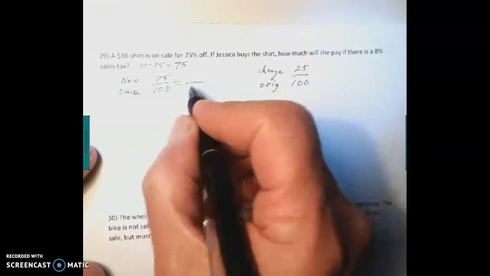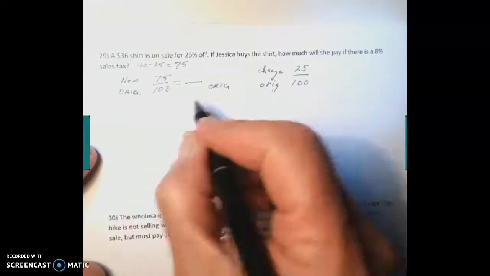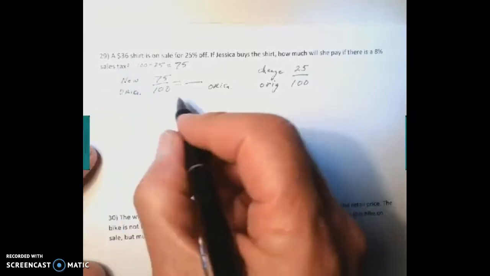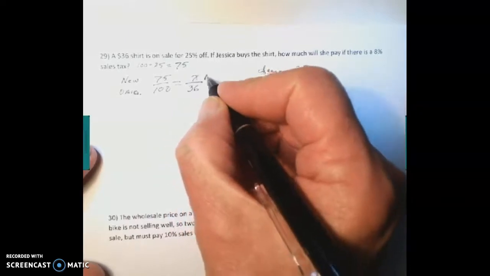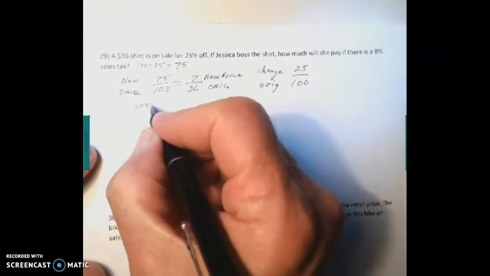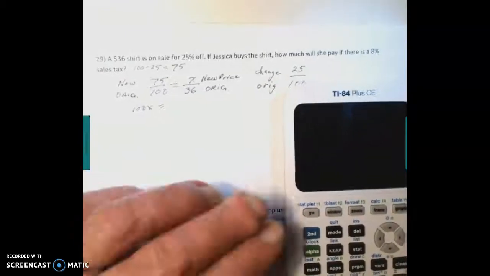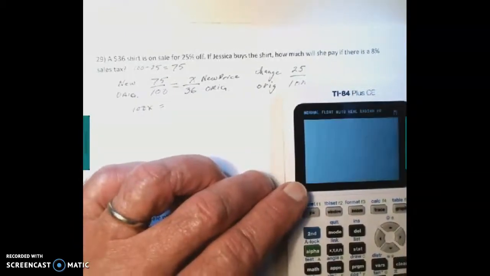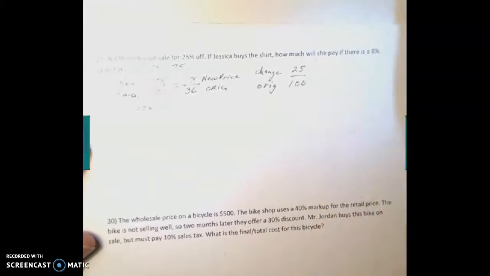The original cost of the shirt is $36. We're looking for the new price. So cross multiply, you get 100x equals 75 times 36, $2,700.